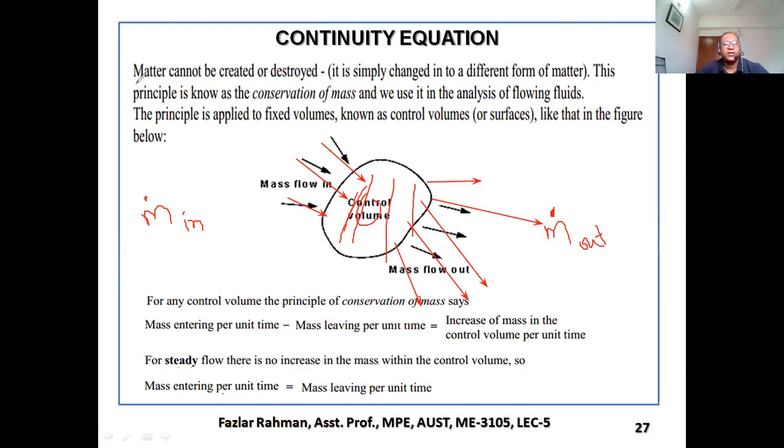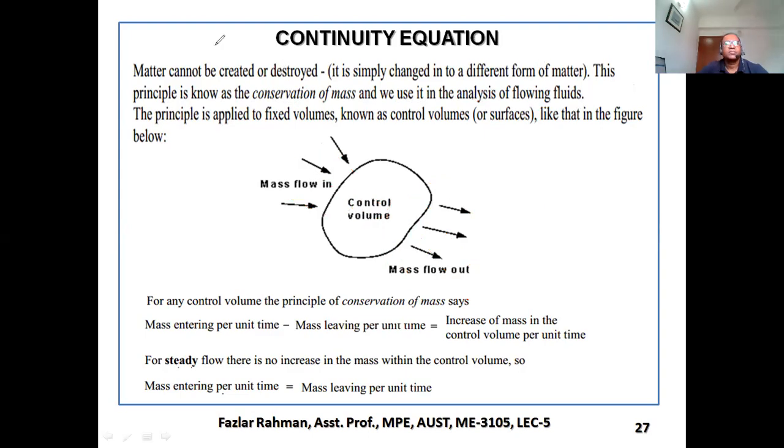By definition, matter cannot be created or destroyed, but you can change it into a different form of matter. This principle is known as conservation of mass. Sometimes we need to use this principle to derive the energy equation and also the continuity equation.